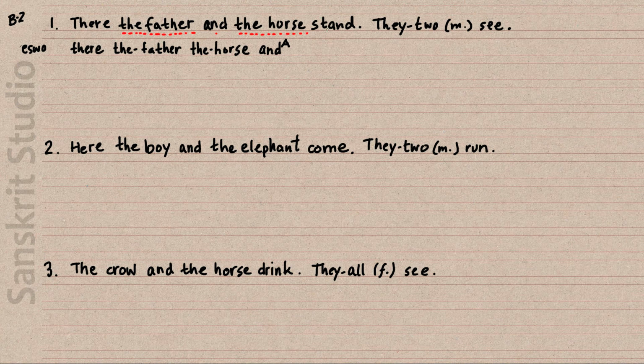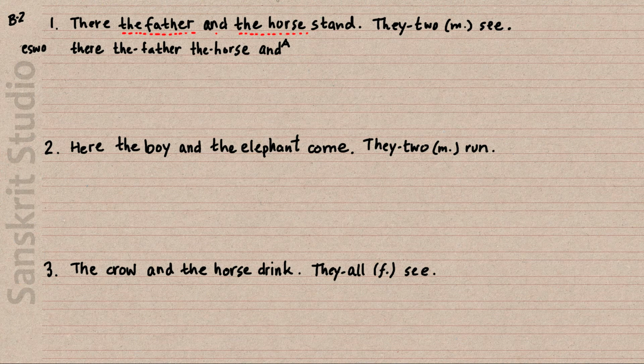And in this case, the issue is that we are using "and" to connect the father and the horse, but when we do that, we can no longer use a singular verb.